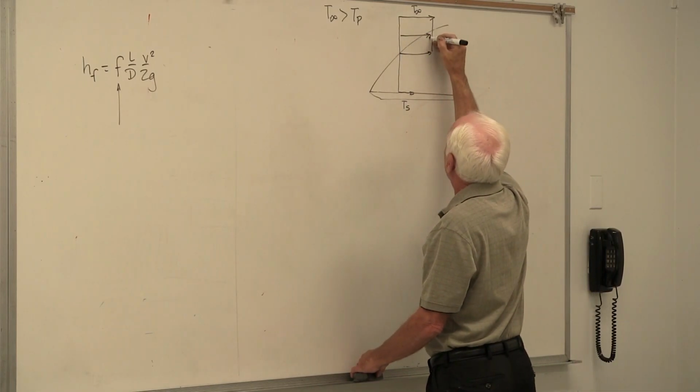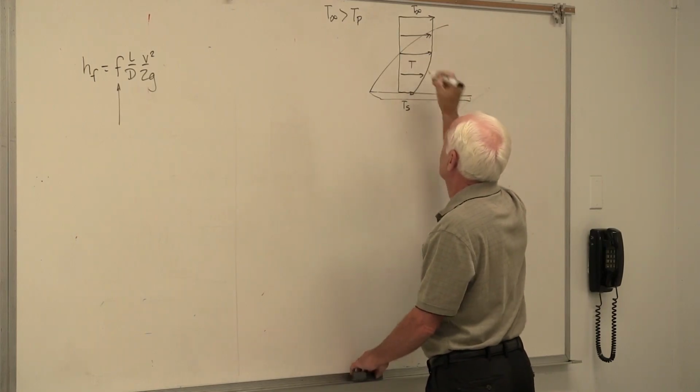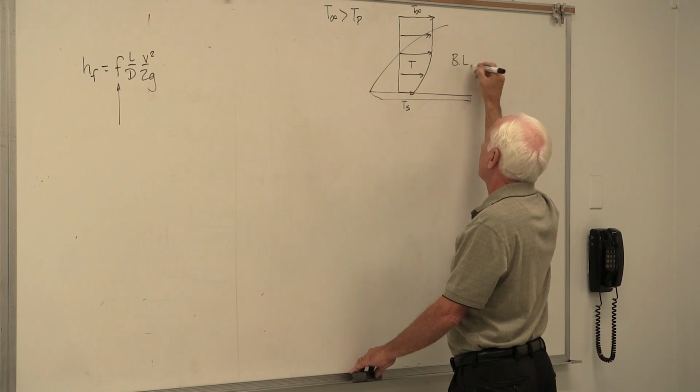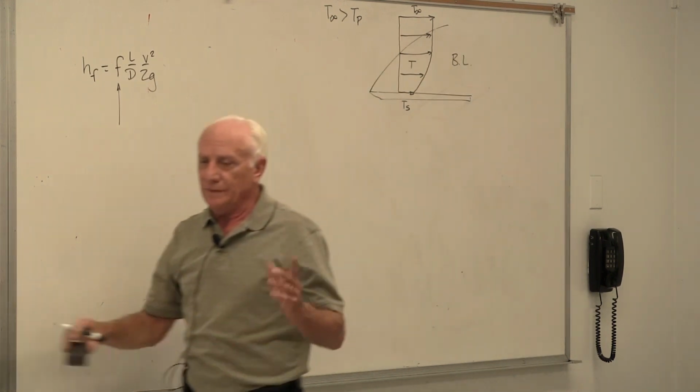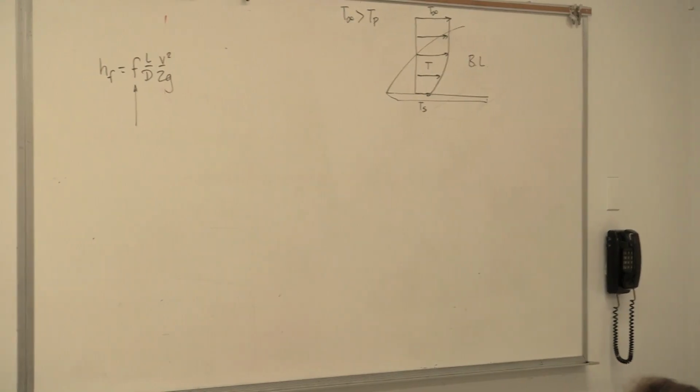The temperature comes down like that. There's the temperature in the boundary layer, T. They both are analyzed the same way. You do it by dimensionless temperature differences. But the equations are the same no matter which case you've got. So you can look at either case and the other case is identical in the equations you're going to get.